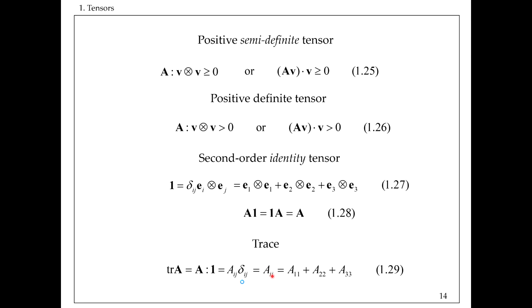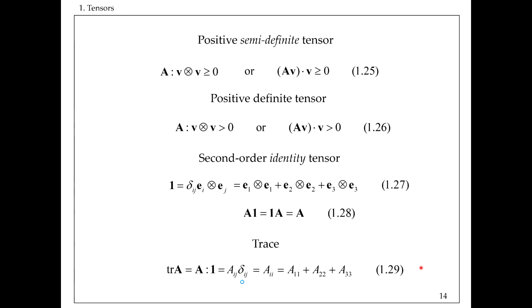When we see these repeating indexes, it's nothing but the summation over that index. So we have the sum of these three terms, a11 plus a22 plus a33, and so this is basically a number, a scalar. So a trace of a second order tensor is defined in this way and produces a certain number that is based on the sum of the components that were on the diagonal of that matrix.